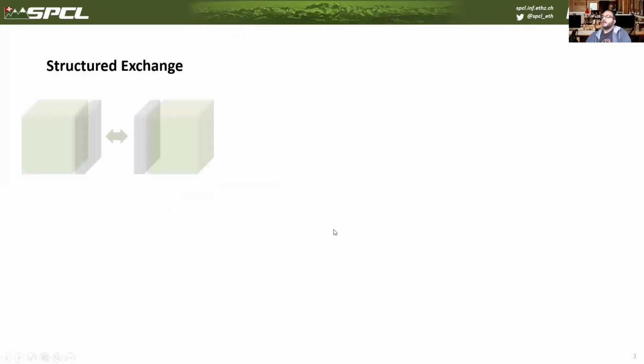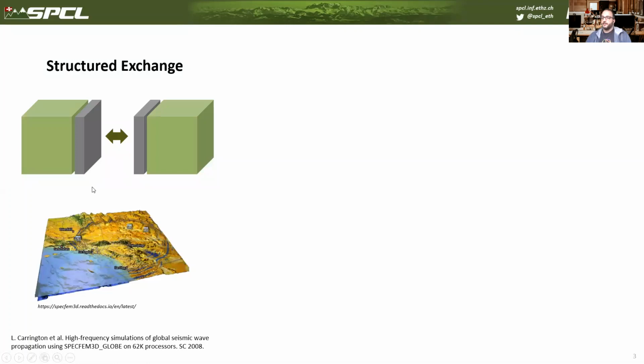Non-contiguous memory transfers can be of multiple types. Like structured exchange, where we always know the type of transfer we are going to have, so we always know the portion of the memory we want to transfer. This is the case of, for example, seismic wave propagation.